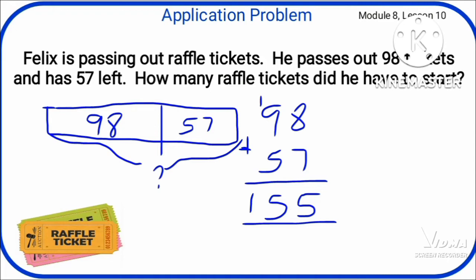If you see my tape diagram, 98 tickets given out, 57 left. If you want to know the total number of tickets he had to start, you add the two together, the whole length of the tape diagram. 98 plus 57 is 155. So he had 155 tickets to start with.